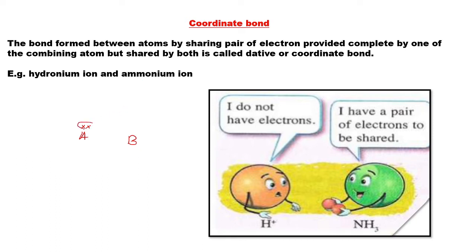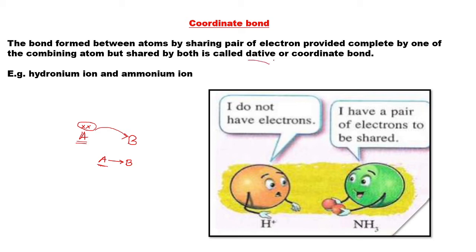Both the electrons needed to form a bond will be contributed by A itself, and it will be shared with B. So we will form a bond like this, where the electrons are coming from only one single atom. This kind of bond formation is called a coordinate bond, and there's another term for it. Instead of coordinate, you can call it a dative bond as well.